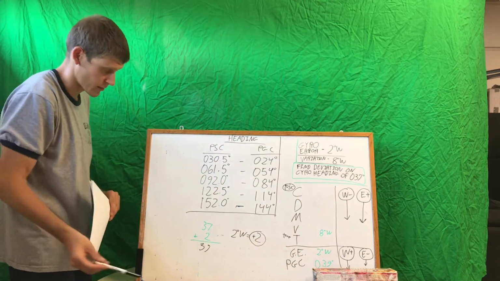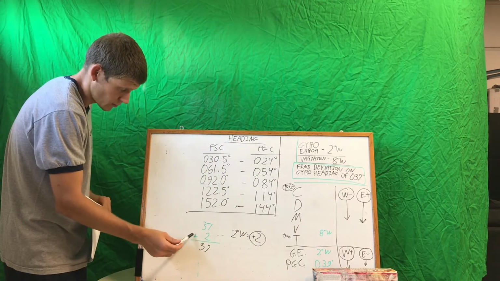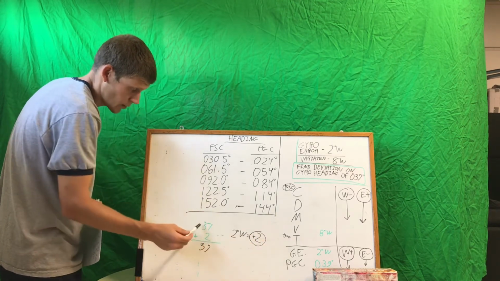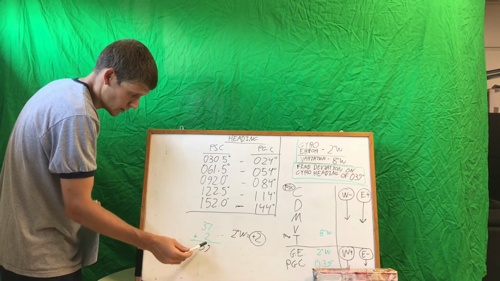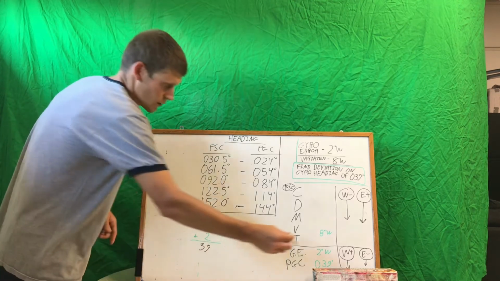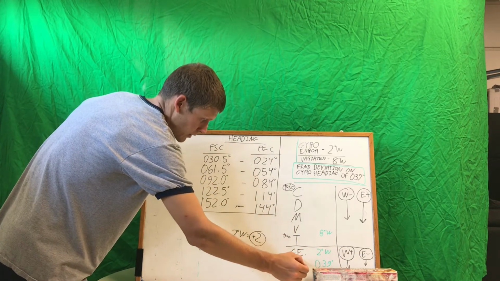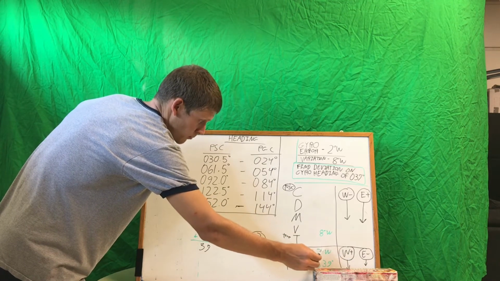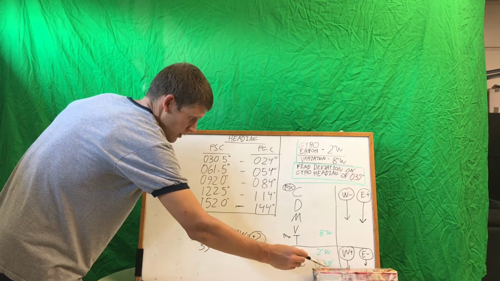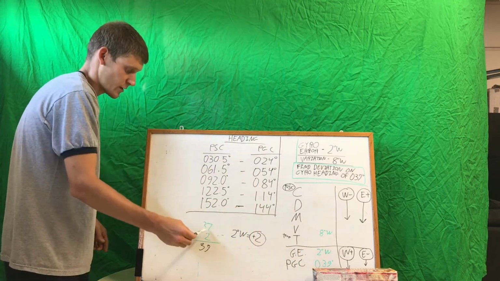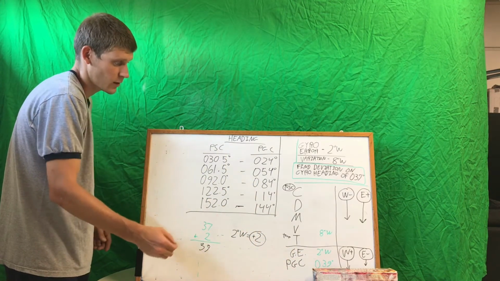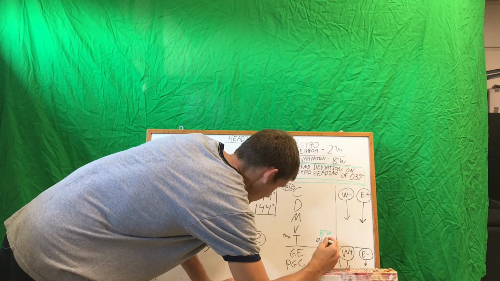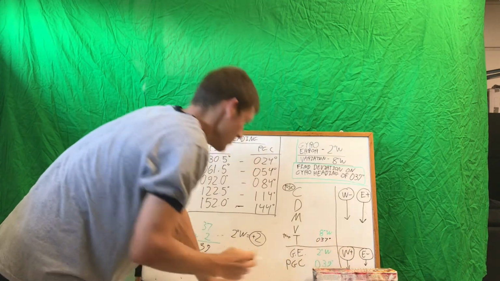Simple math would suggest 37 plus 2 equals 39. So that's how we know our true heading is 037 degrees.